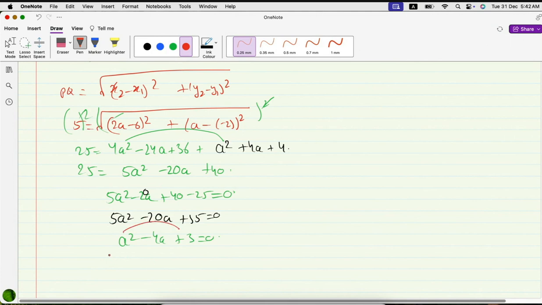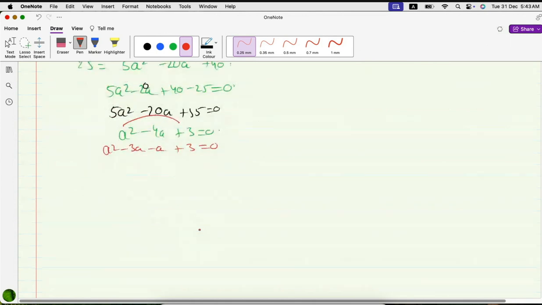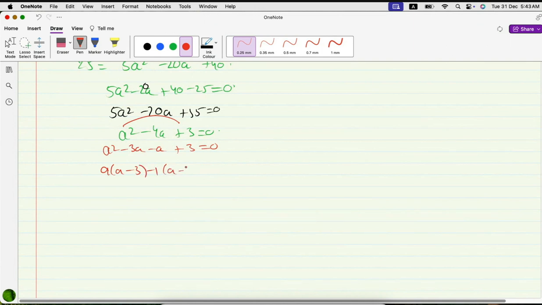Product is 3 and sum is minus 4, so a square minus 3a minus a plus 3 is equal to 0. Then (a minus 1) into (a minus 3) is equal to 0. A is equal to 1 and a is equal to 3.